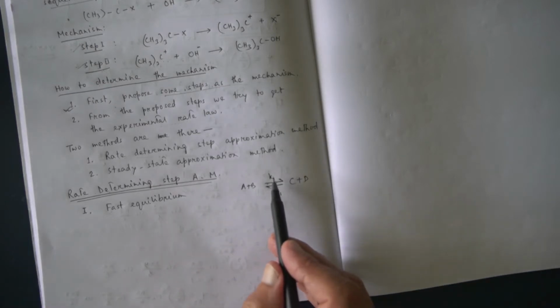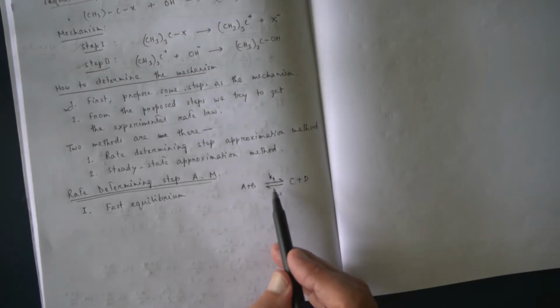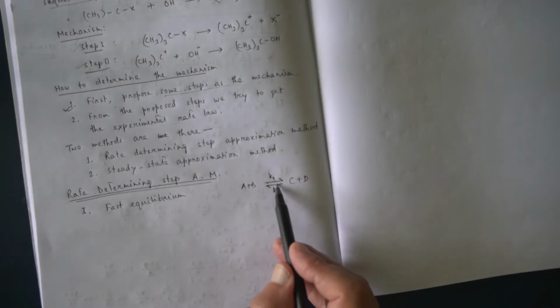So in the mechanism there should be a first equilibrium, or we can say there should be a reversible reaction which is very close to equilibrium.